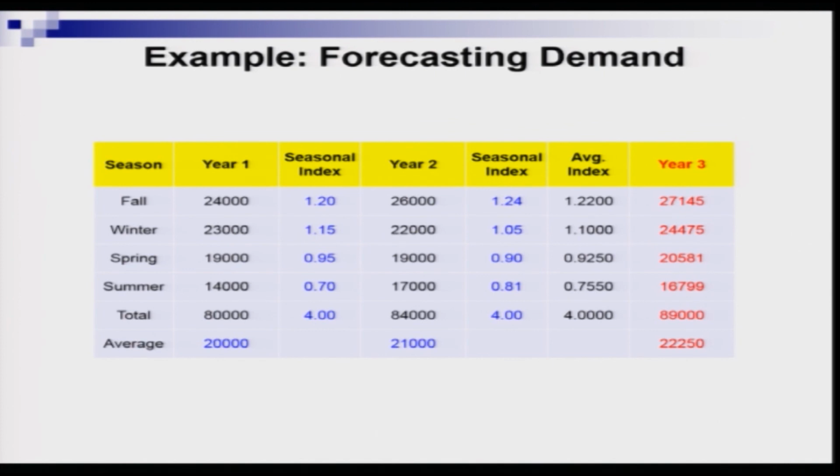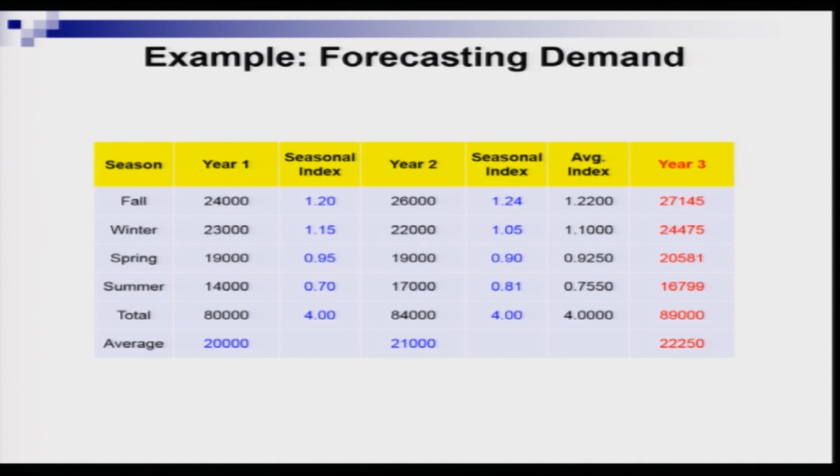Based on that you can now calculate a very rough measure of the seasonal index, and how to do it: you have to divide the actual observed demand for each season by this average season demand. For example, if I concentrate on the fall or autumn season, then I see the actual observed number is 24,000.